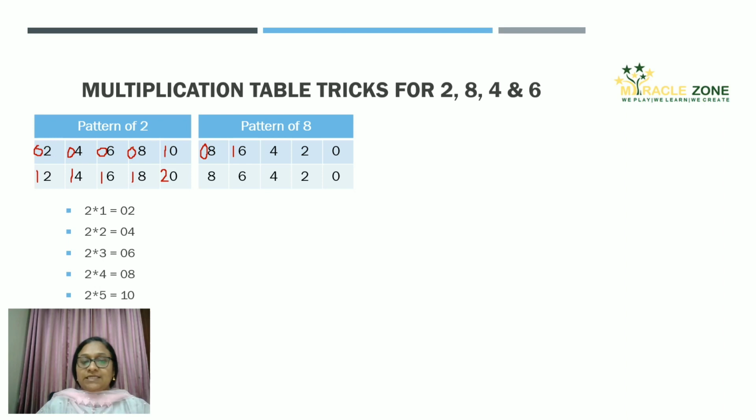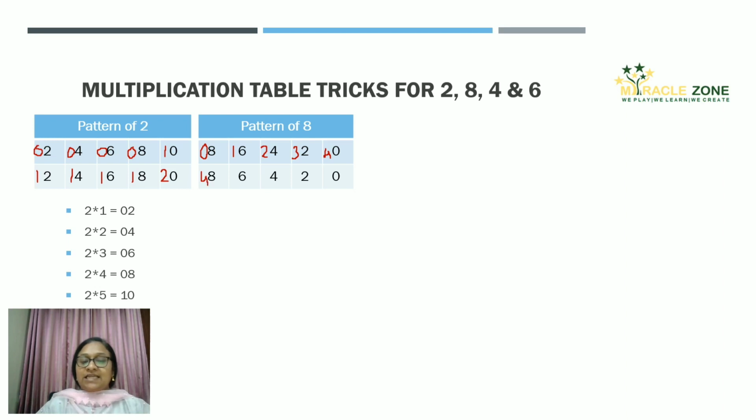See, 4 is also less than the previous number, so again we will increment by 1. 2 is less than the previous number, so we will increment by 1. 0 is less than the previous number, so we will increment by 1. But 8 is greater than 0, so we will just keep the same number.